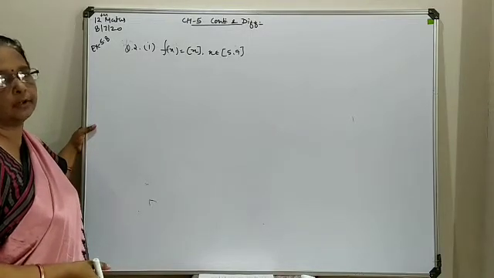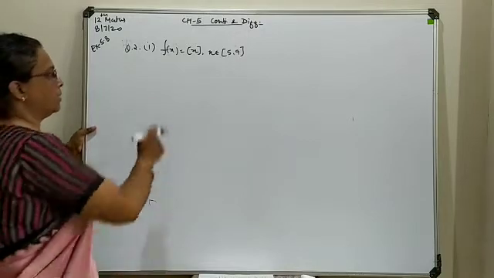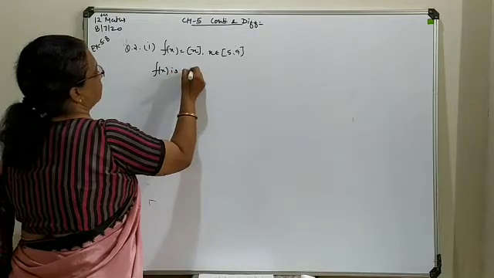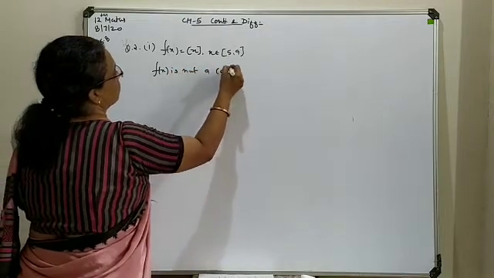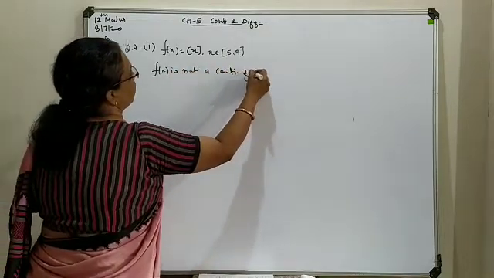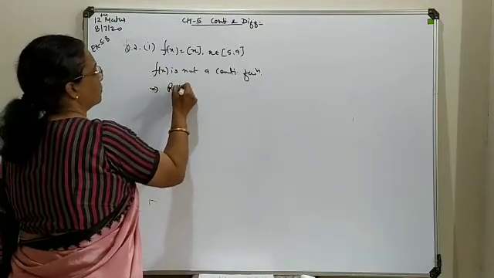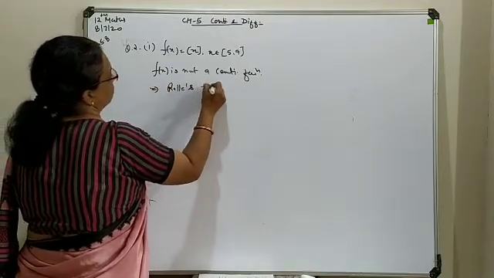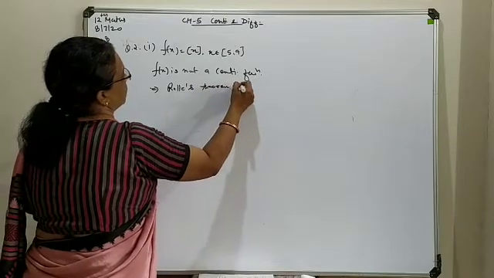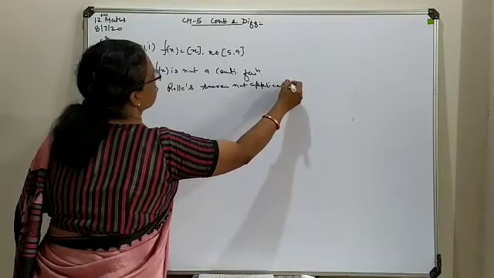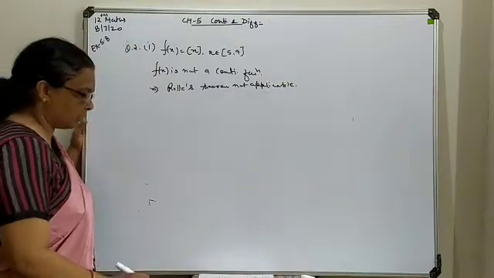So here Rolle's theorem is not applicable. Here f(x) is not a continuous function. If the basic condition is not satisfied, that means Rolle's theorem is not applicable. The second part is also the same.